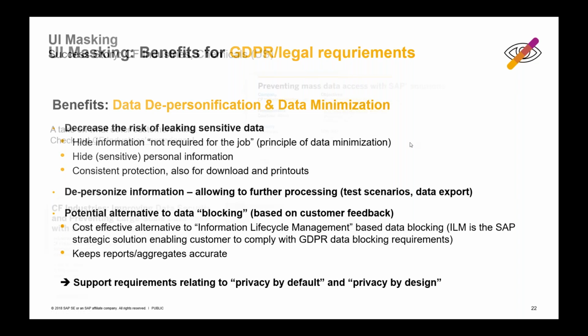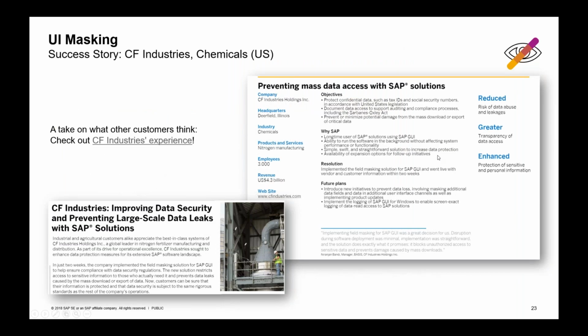We also have a couple of success stories in North America. It's mainly CF Industries. You may have heard of them. They are a producer and distributor of nitrogen fertilizer. Their use case was quite straightforward and high level initially because they said we want to avoid the theft of mass data. So they really went into SE16, SE16N and related table displays and configured these for masking.